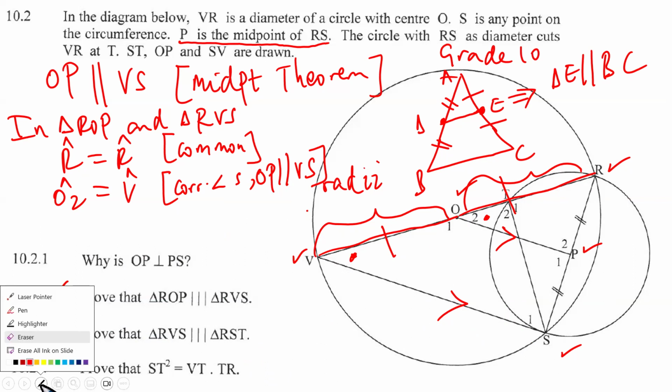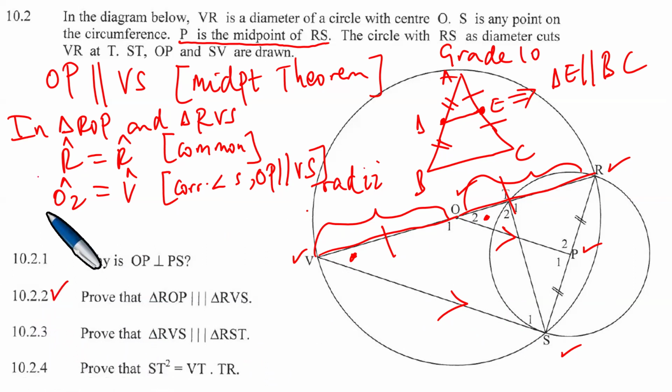These are like 2 points because you have said this one here is equal to that one there. So angle P2 is equal to this angle here, so that angle P2 is equal to angle S.